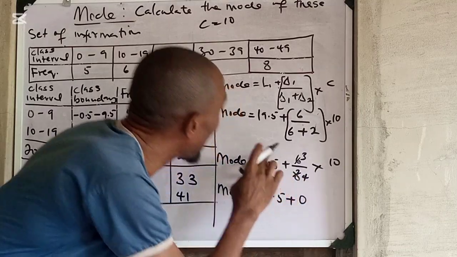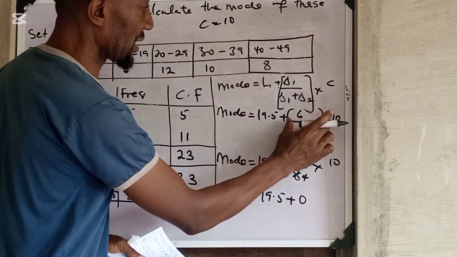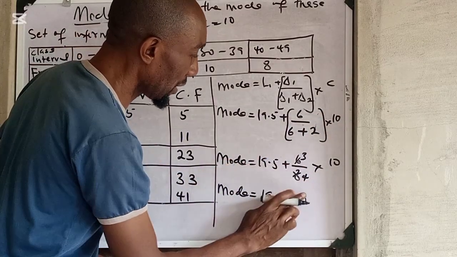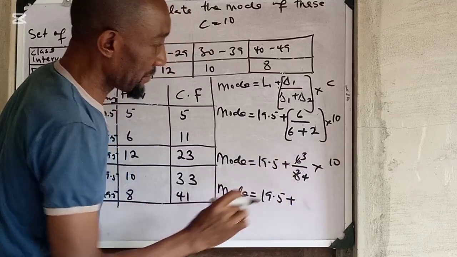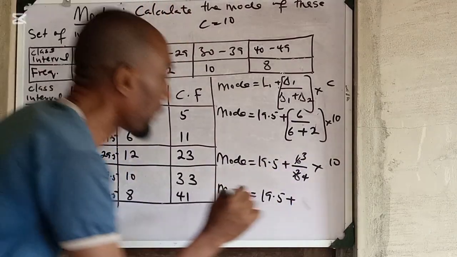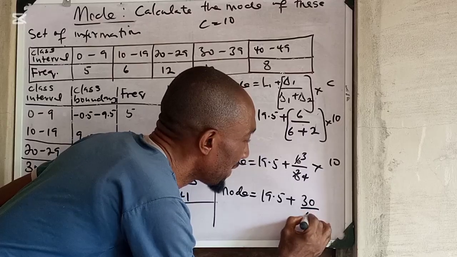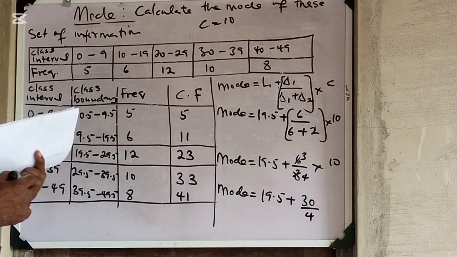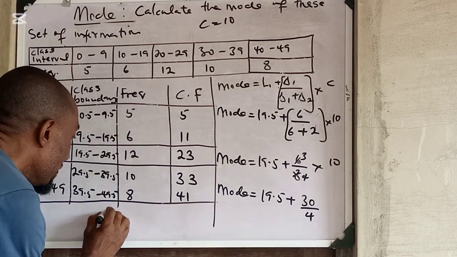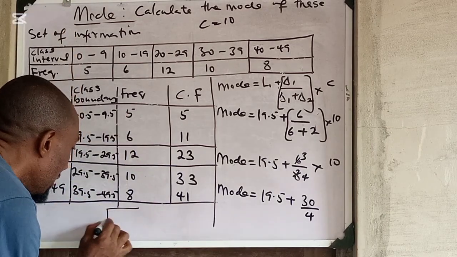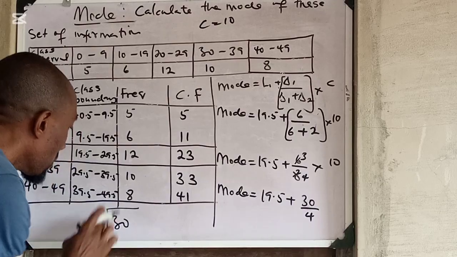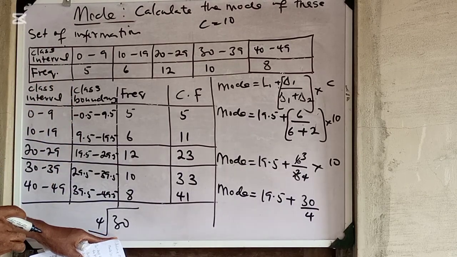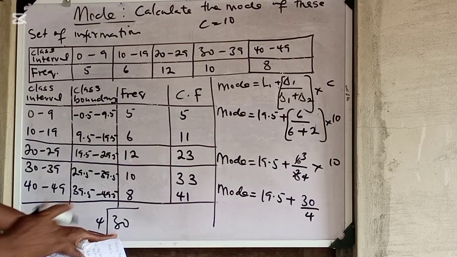So the mode will give us 19.5 plus 3 over 4, which is 0.75. Remember that in BODMAS we multiply this before we add. So we are multiplying 10 times 3, which gives you 30 over 4. So we have 30 divided by 4.